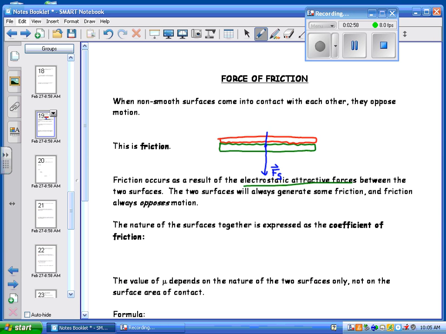So it will have a gravitational force acting down on it and a normal force acting up on it. We usually have some applied force trying to move it forward against whatever that force of friction is. It opposes the motion, right? Because friction opposes motion. So friction will always be in the opposite direction of motion.